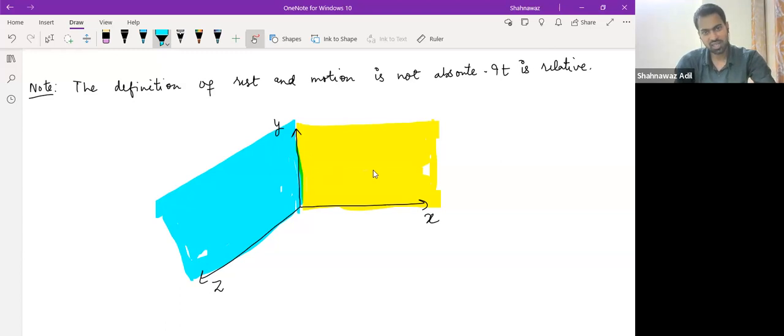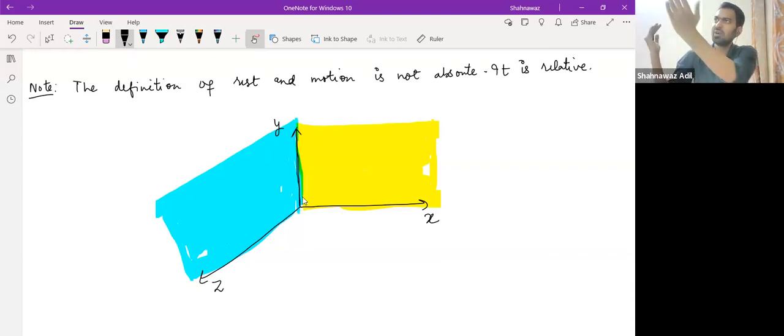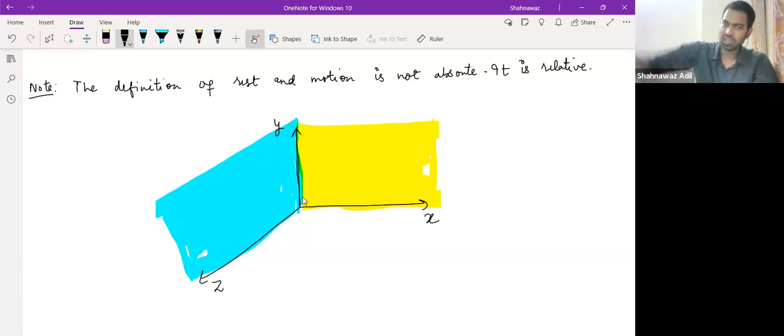So you can see that in 3 dimensions, this is your walls, right? So let's say that this is the corner of the wall. This is the corner, right? And let's say that you have this wall and this wall, and this is the base.